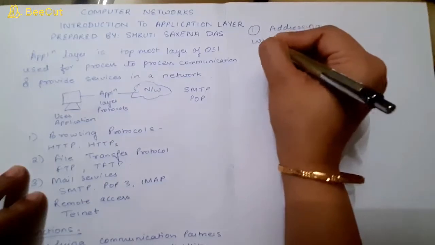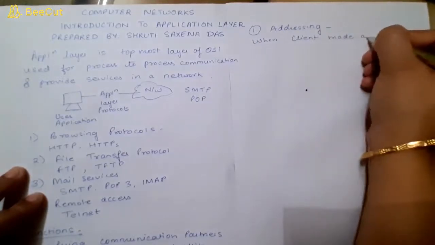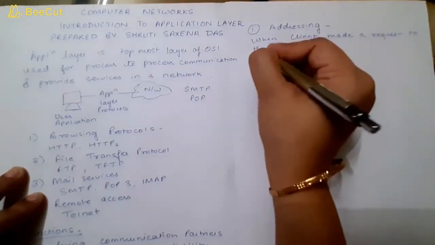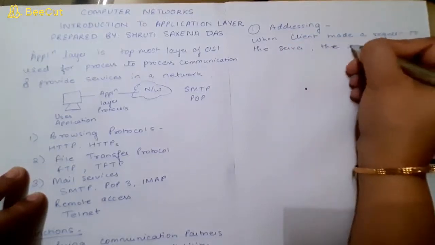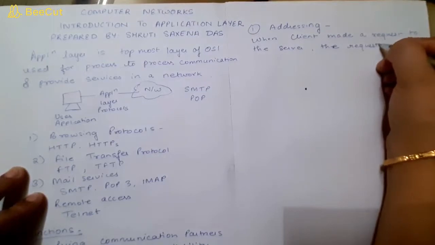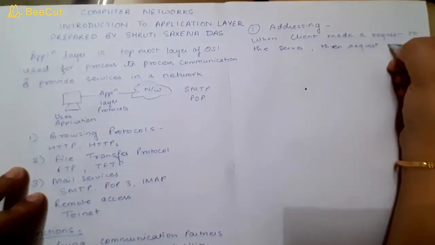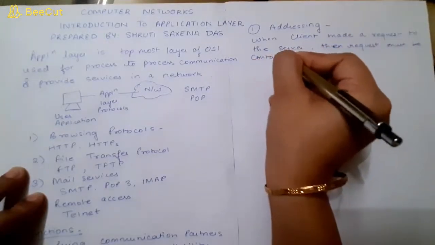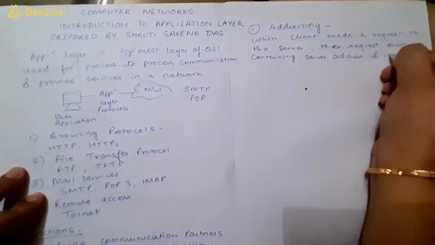When a client makes a request to the server, the request contains, see, when a client is requesting the server for something, the request must be containing the server address and its own address.